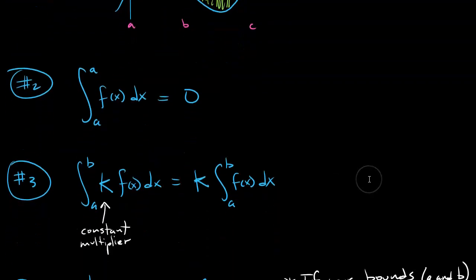Third property, and if I'm going too fast, let me know. The third property is if you have a constant multiplier within a function. This works very much similar to limits.